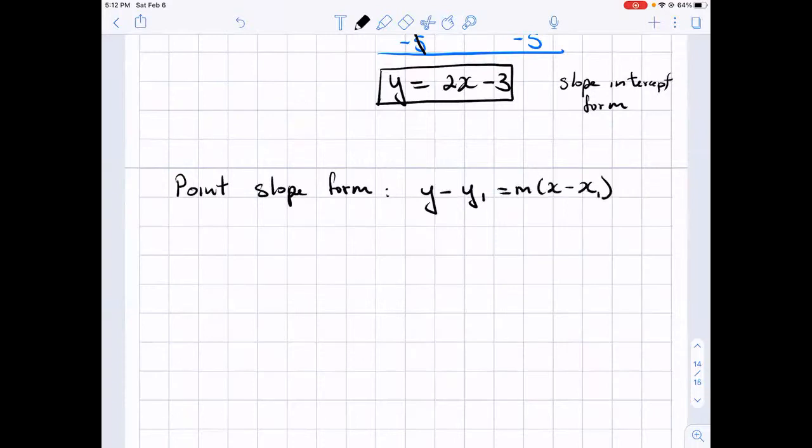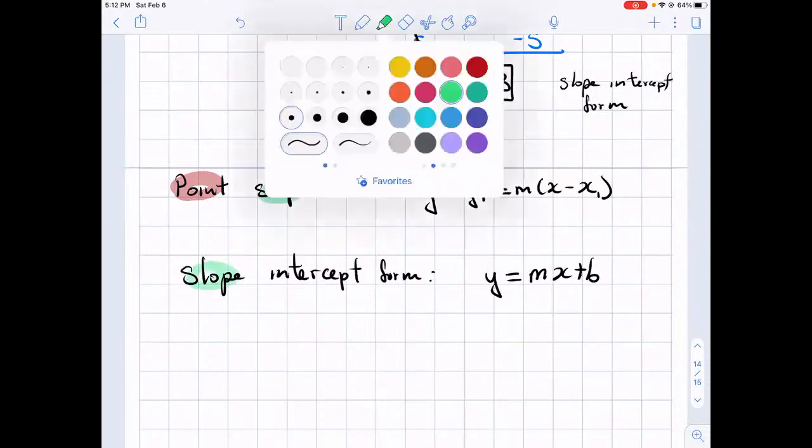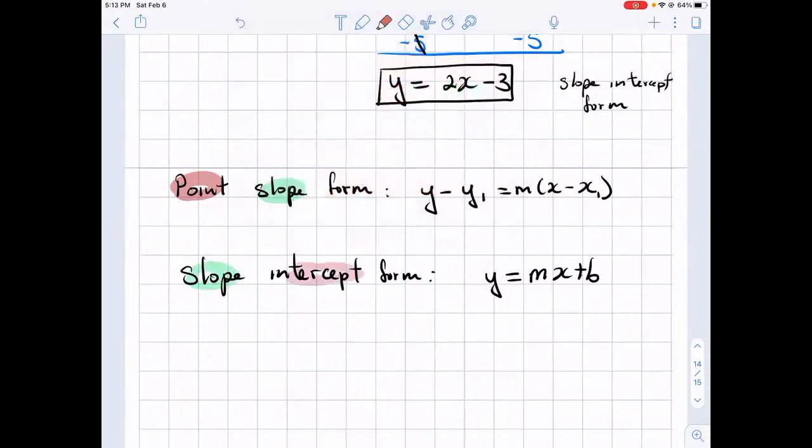And I use this when I know the point and when I know the slope. We also have slope intercept form, which is y equals mx plus b. And I use this when we know the slope and we know the y-intercept.